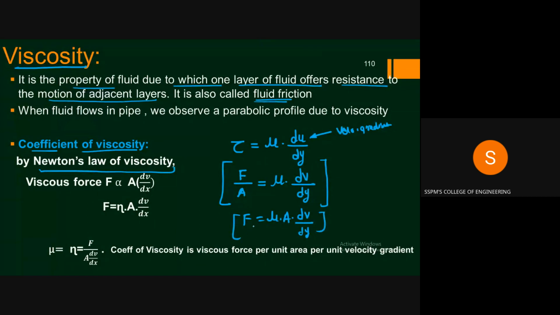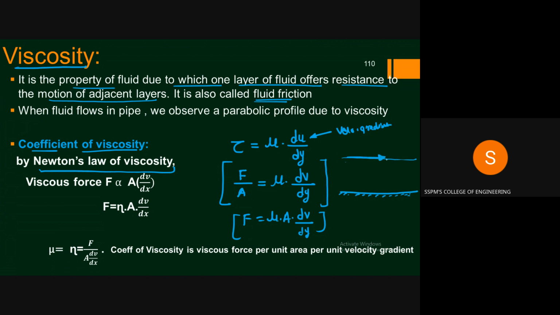Okay, because of the viscosity, suppose this is the ground or the stationary surface. This is the liquid that flows above that fixed surface. Then because of viscosity, we can see the velocity variation.